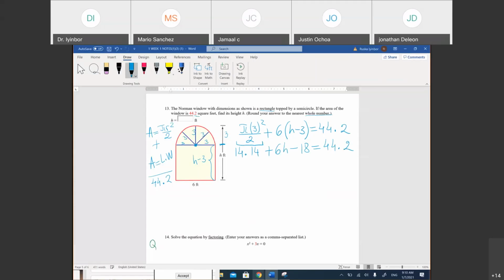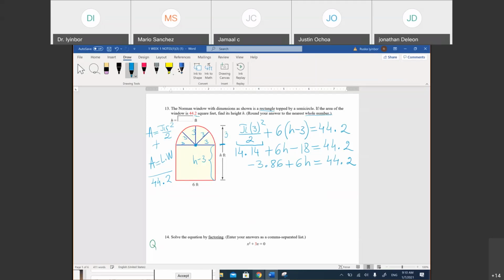Then I'm going to combine 14.14 minus 18. I'm going to subtract those. And that gives me negative 3.86 plus 6h equals 44.2.